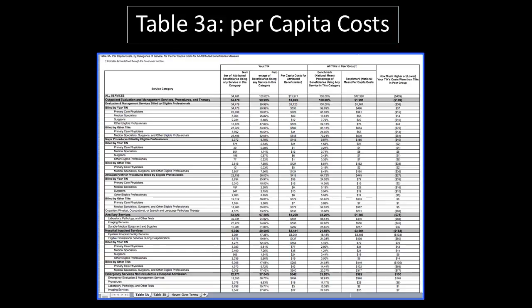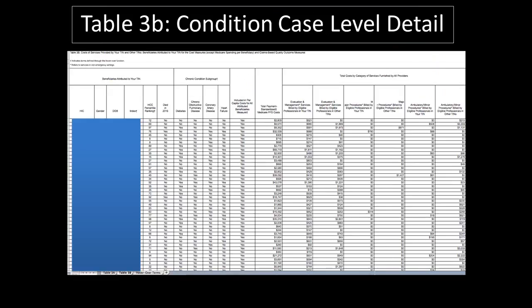And this begins to afford opportunities for improvement in care. Listed down along the table, not only are the evaluation and management services, but ancillary services, hospital inpatient services, emergency services, and so forth. So again, benchmarking against national peers is available through this table.